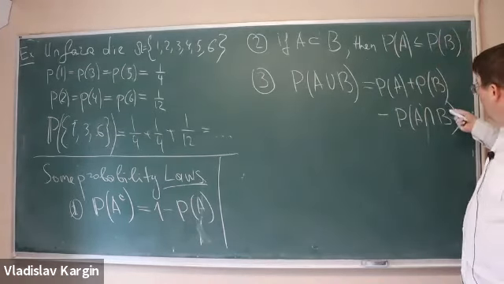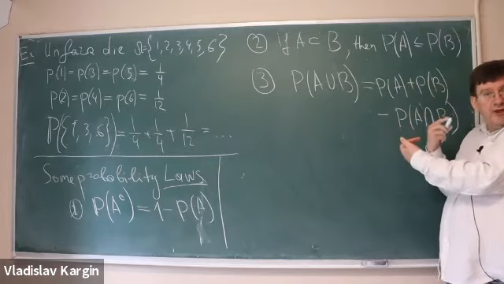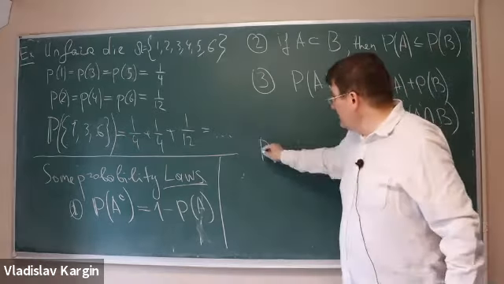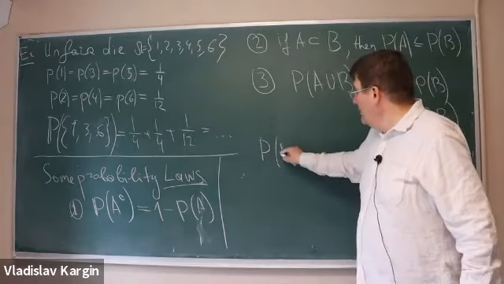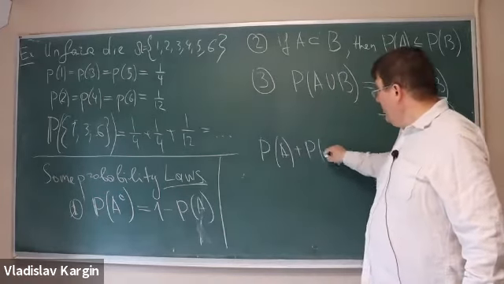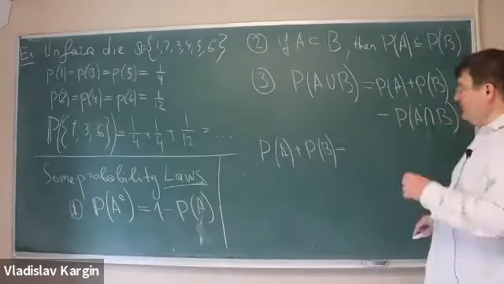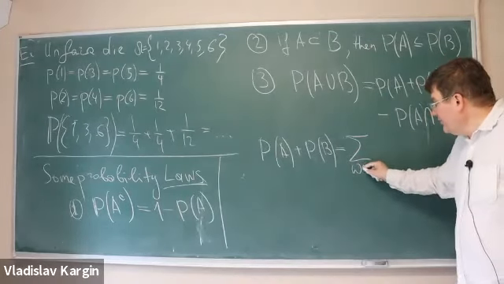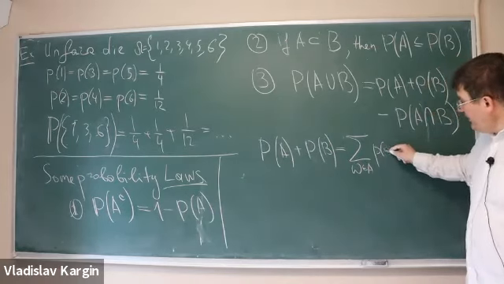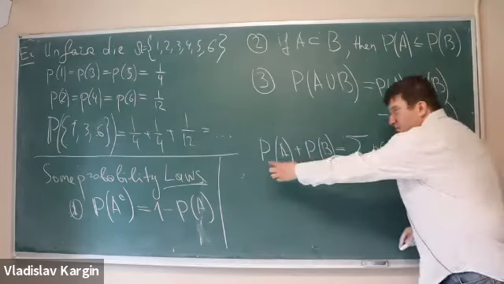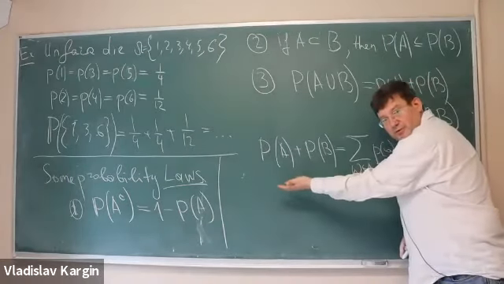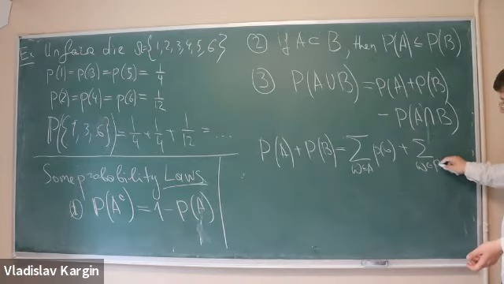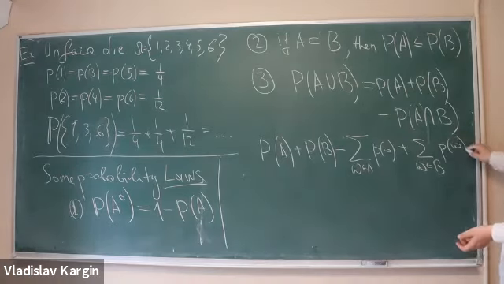If you want to prove it, we just have this formula for how to calculate these. You can write that the probability of A plus the probability of B is equal to the sum over omega belonging to A of the probability of omega, plus the sum over omega belonging to B of the probability of omega.